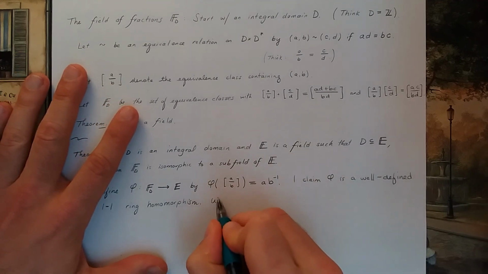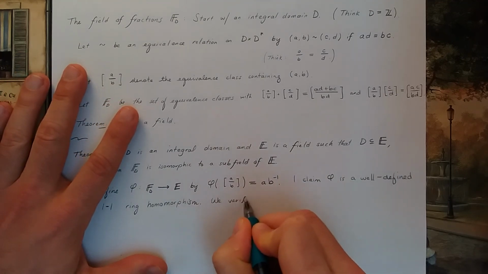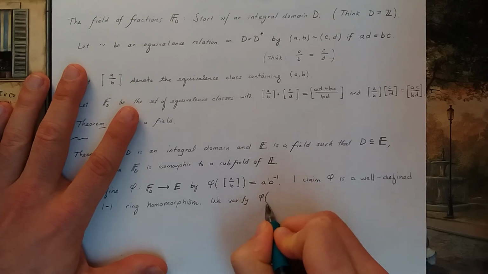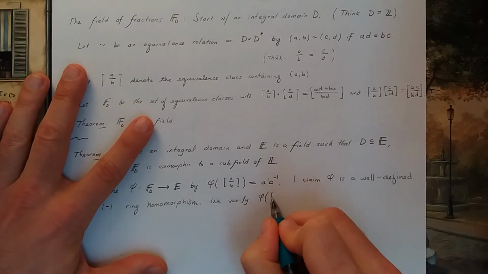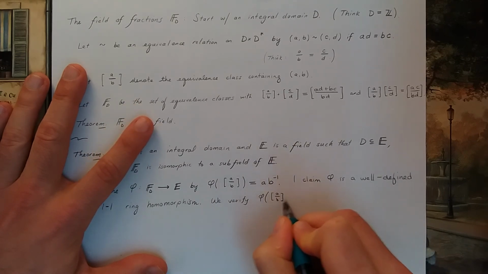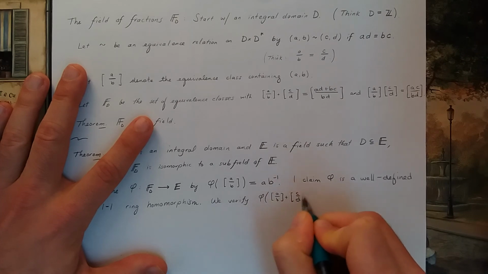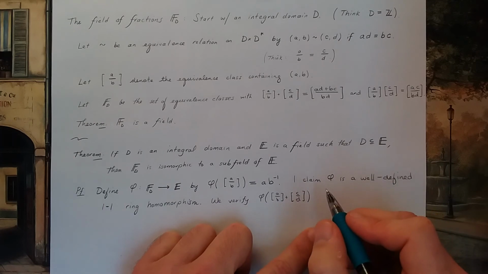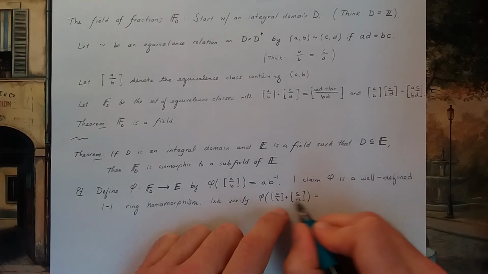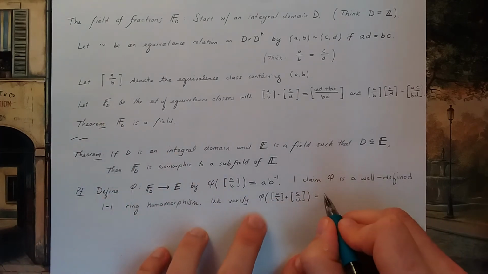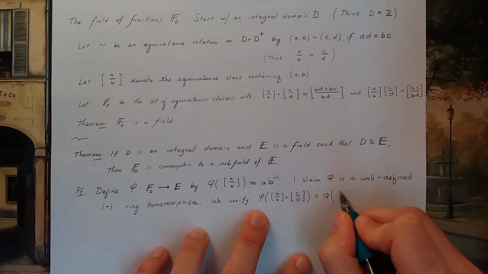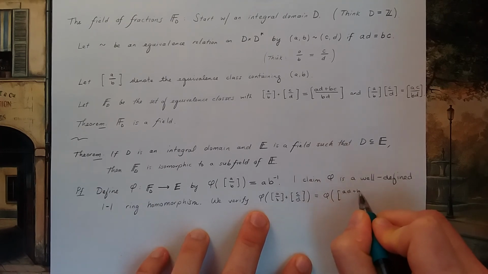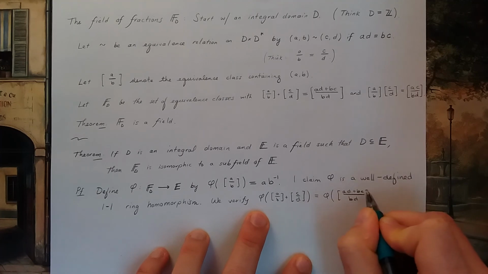So we verify that, if I do this phi of a sum, then by definition of addition in the field of fractions, this is phi of AD plus BC over BD.